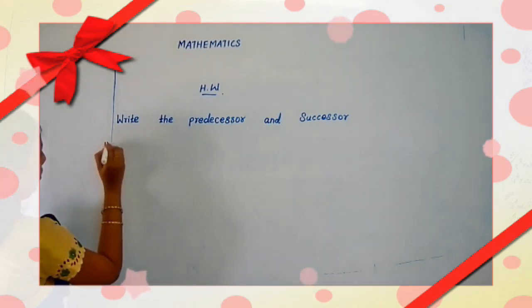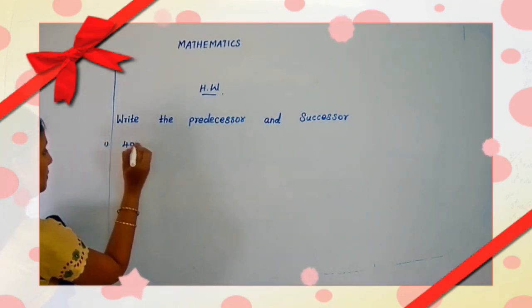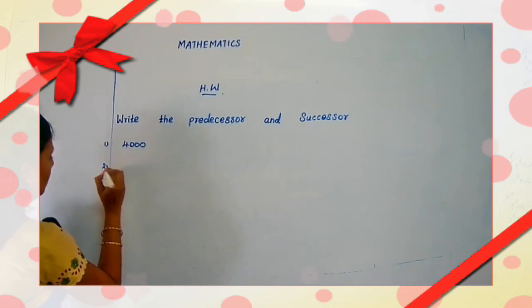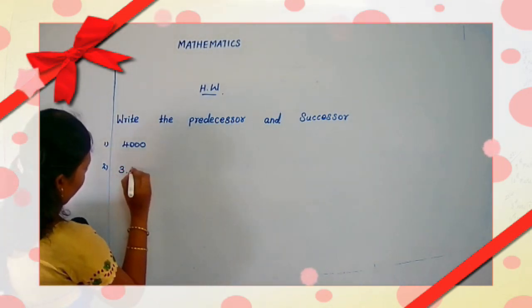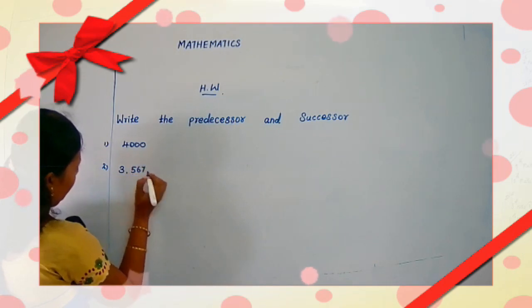The first one, 4,000. Second one, 3,567.